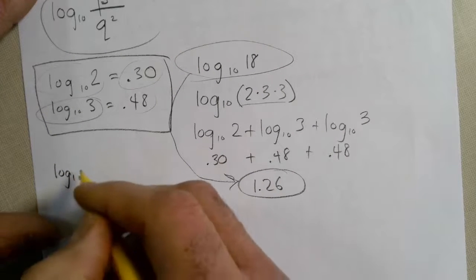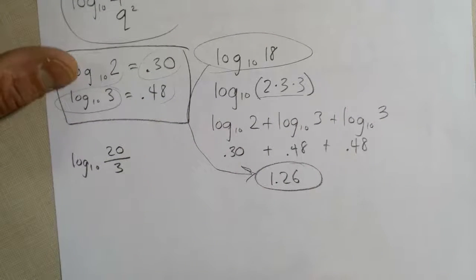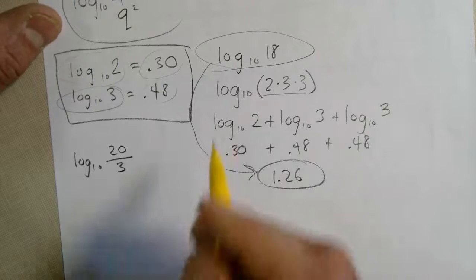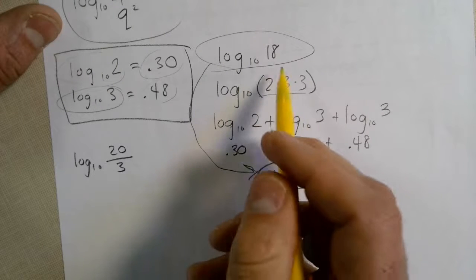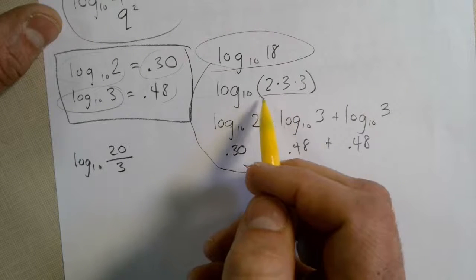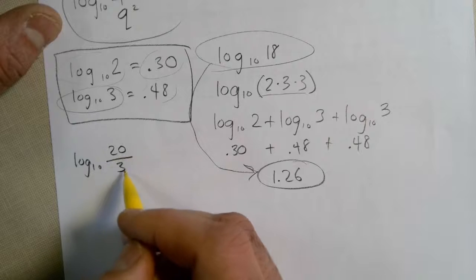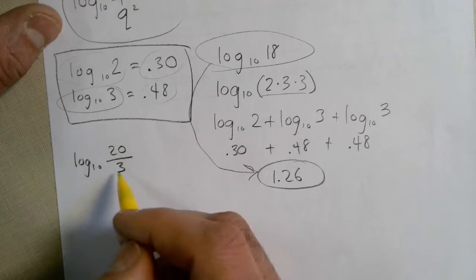Log base 10 of 20 divided by 3. Now, in this first example, we changed 18 into a series of factors, of products. Now, in this one, we've got to do the same thing, but then we're going to use the division to help us out.